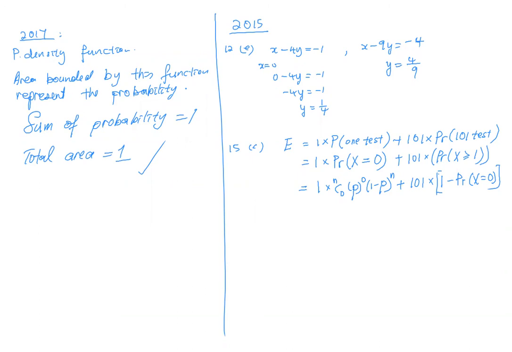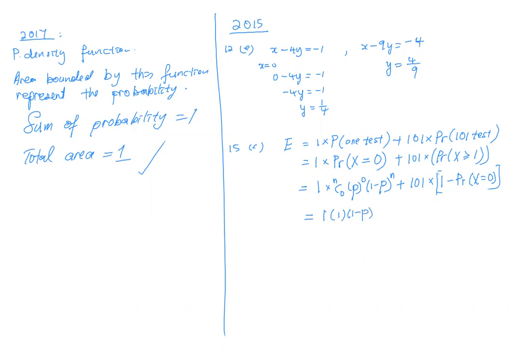So for part C, part 1, you get it from the formula. NC0 is 1. P to the power 0 is 1. And our N is 100, correct?